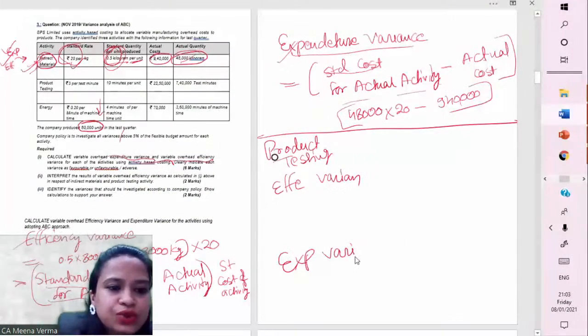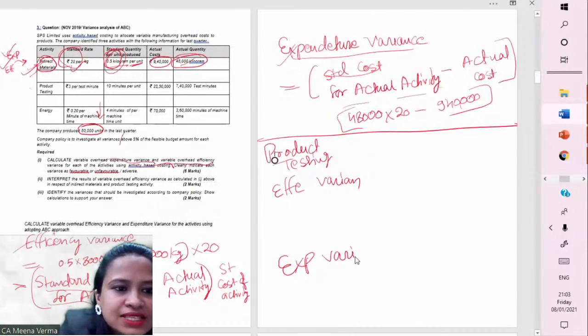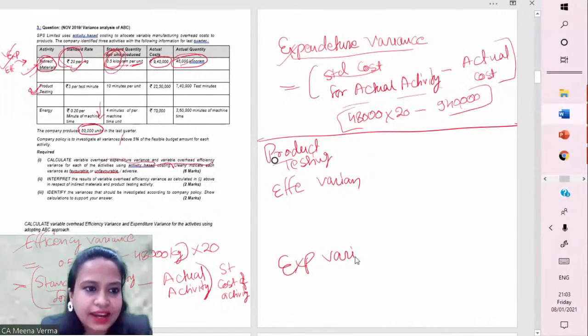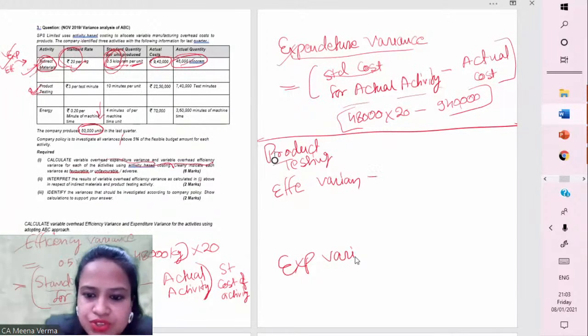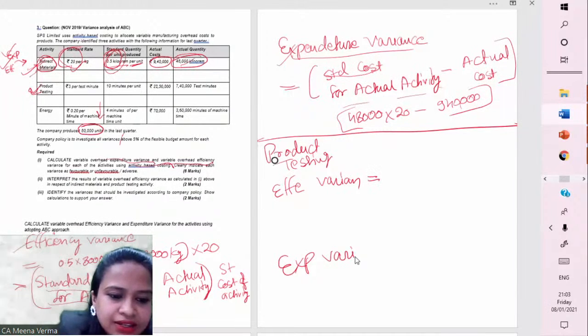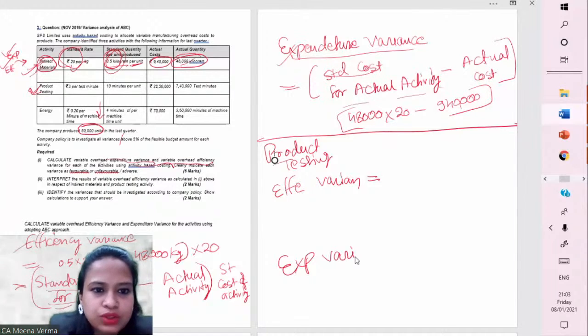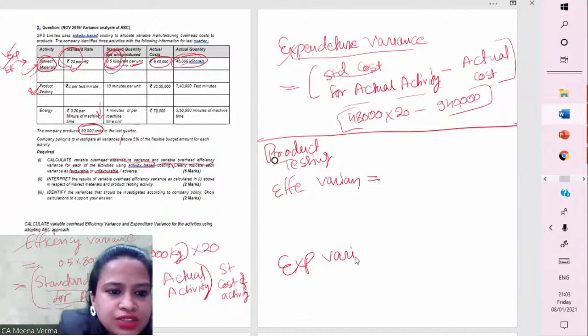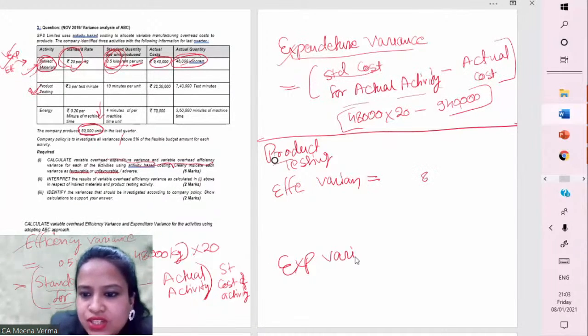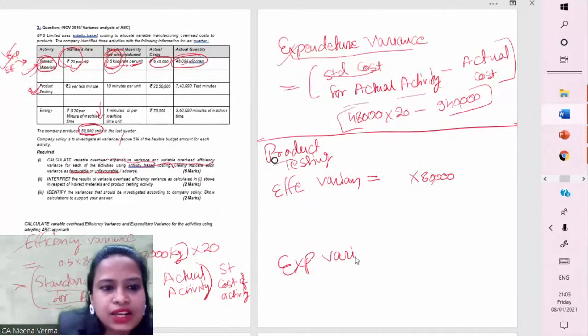This is my second activity for which I want to solve this question. Standard activity for actual output. 80,000 is the actual output.